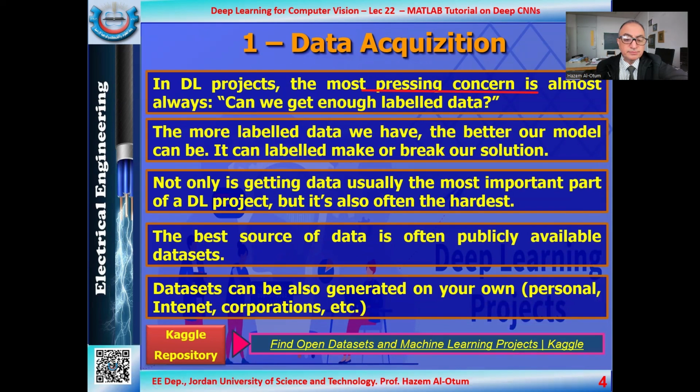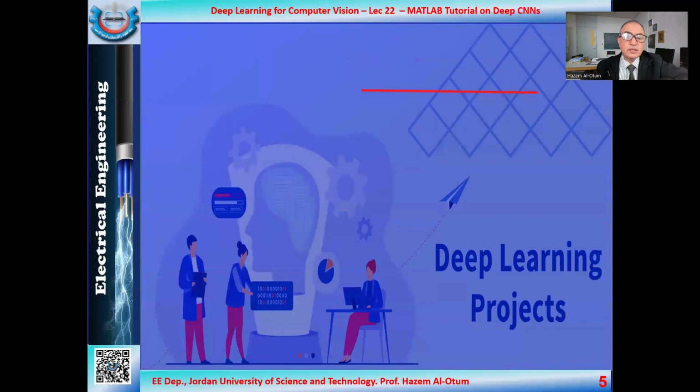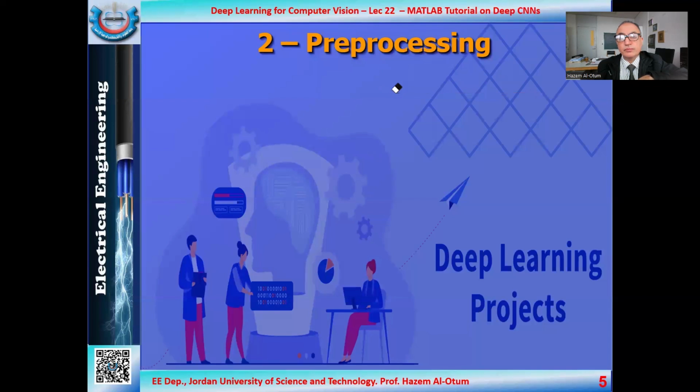By the way, we have a good repository which is called Kaggle. It's an open data set for machine learning projects. You also can find a lot of datasets on GitHub, and you can find them all over the internet when dealing with deep learning sites. Also for medical applications, you can find a very large list of freely available data sets for deep learning applications.